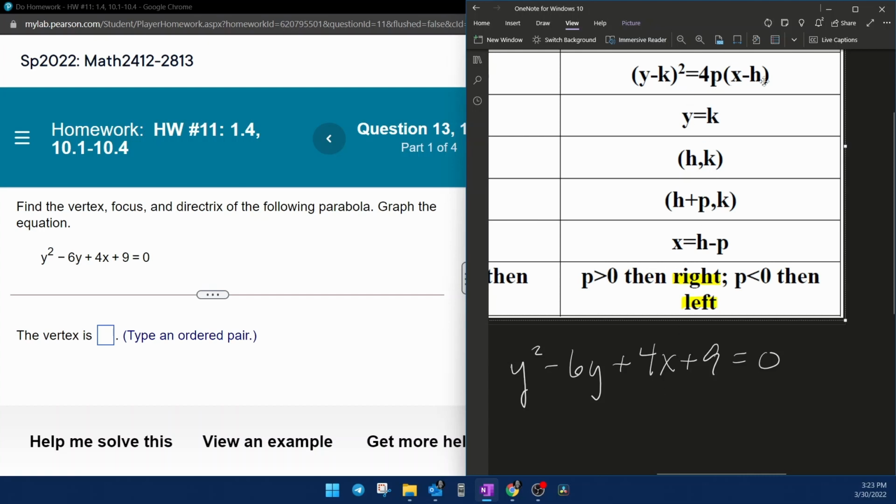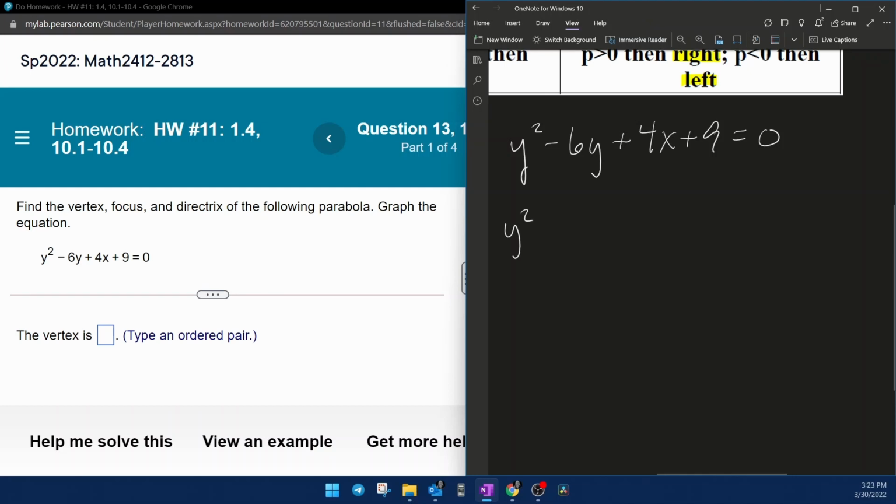I want you to notice that standard form has the y minus k squared on the left and the x information on the right. And so in order to get there, we're going to have to isolate the y variables on the left. Everybody else is going to move over. So that's going to give us y squared minus 6y.